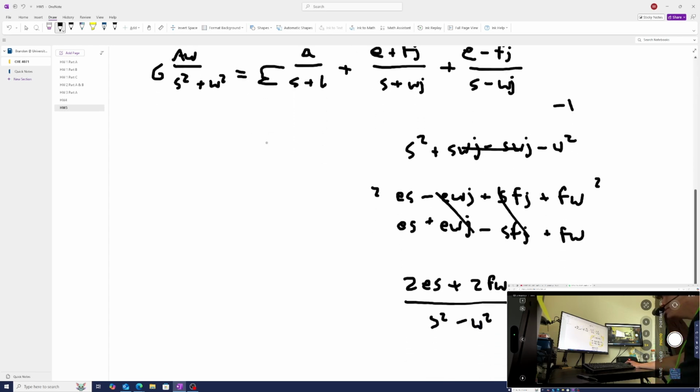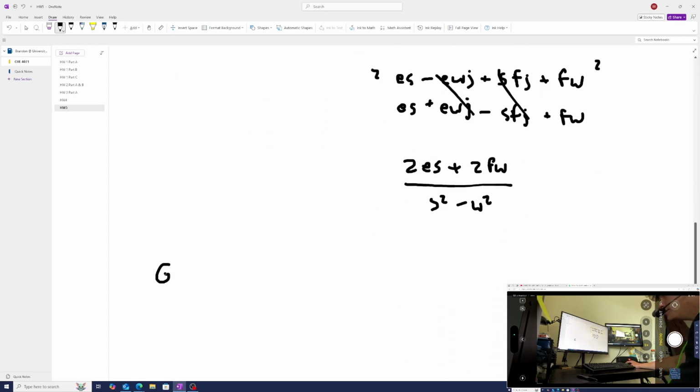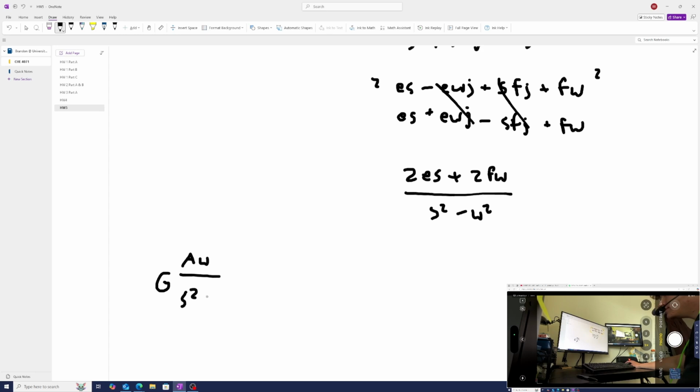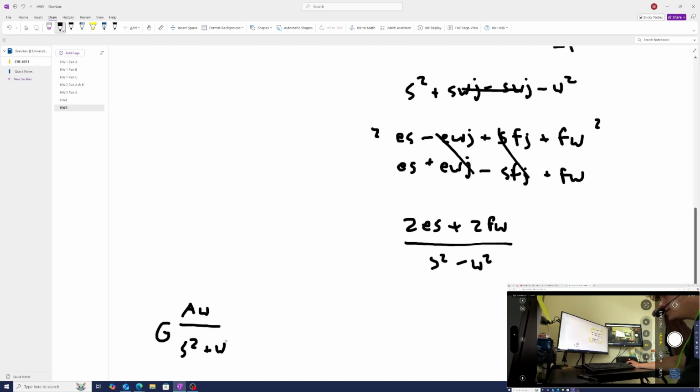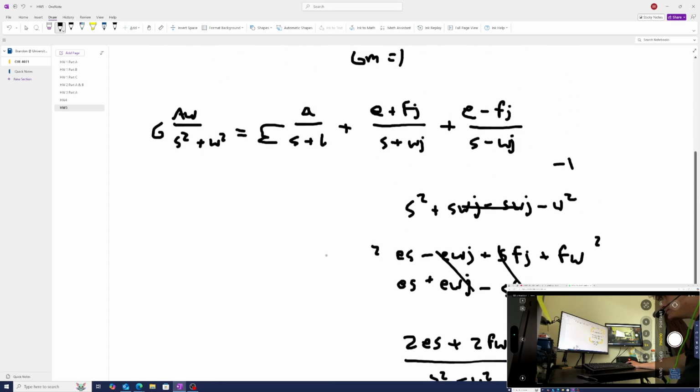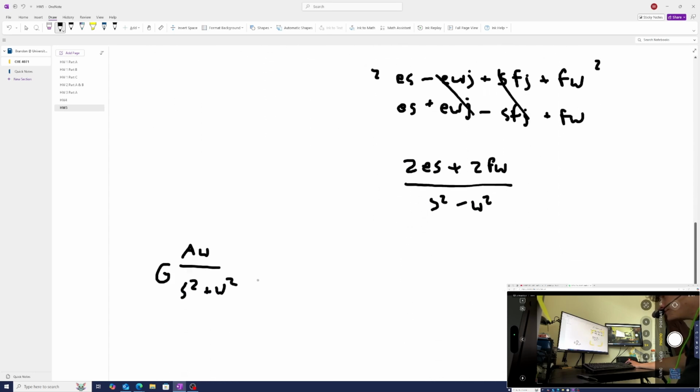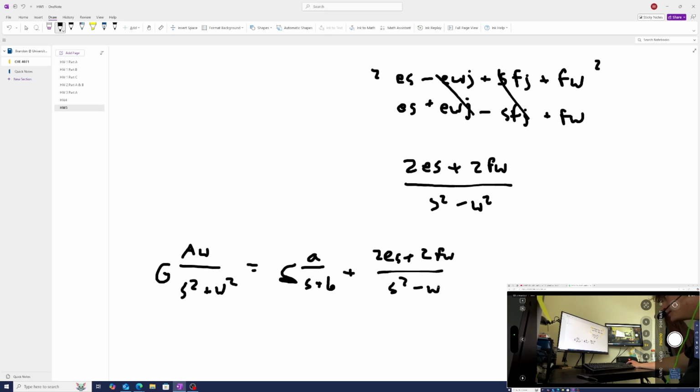So we can put this back in. We'll rewrite our equation. So G times A omega over S squared plus omega squared is equal to the sum of A over S plus B plus 2ES plus 2FW over S squared plus W squared.